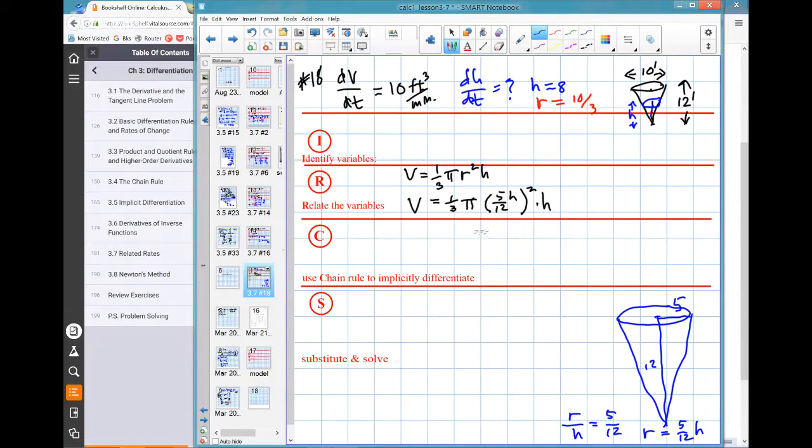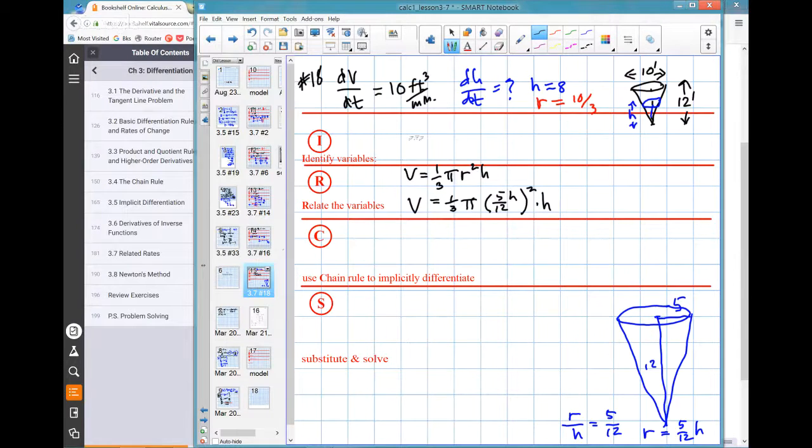Because they're all similar, the ratio of the radius to the height has to remain constant. That's what I'm doing down here. Radius to height is 5/12, or we could just solve for R and say R equals 5/12 H. You're wondering why I have R up here? Because I need it in my volume of a cone formula.